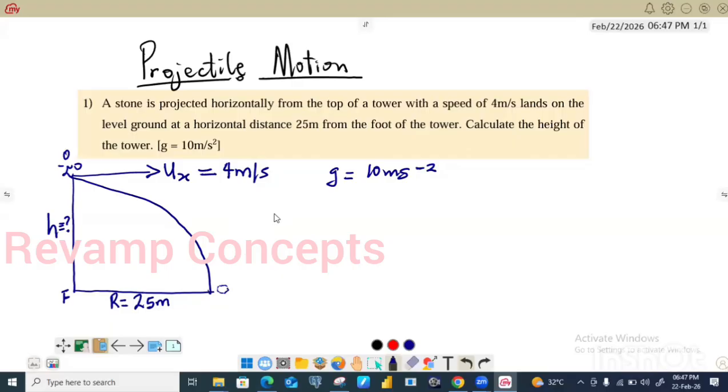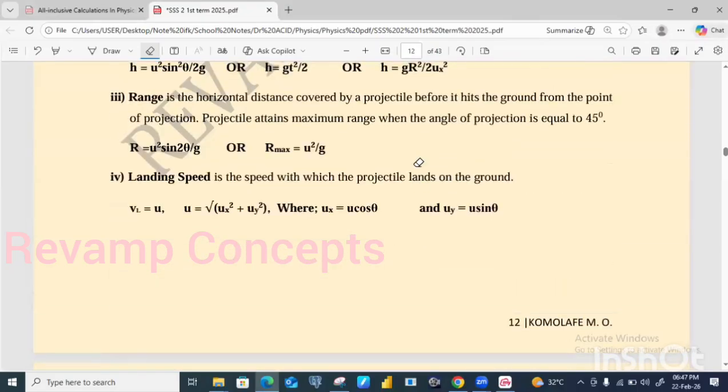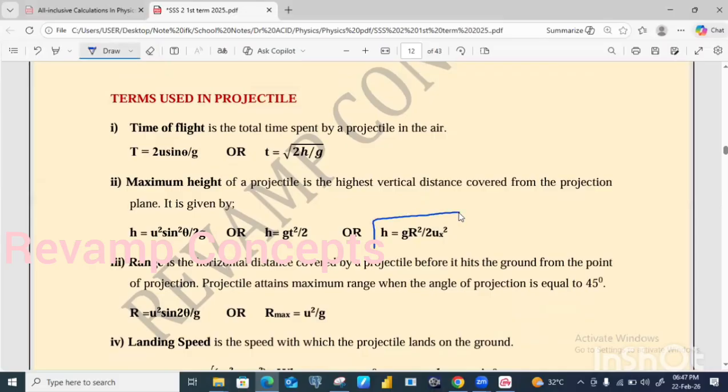Now, if we go back to the discussion in the notes, let's quickly check. For this type of projectile, you can use either this or this formula. But what will make you choose the formula to use is the parameters.